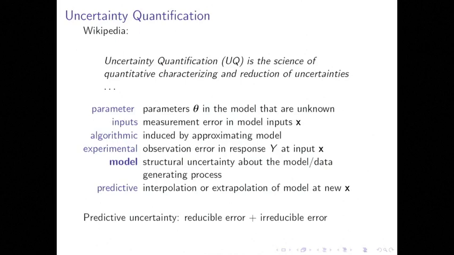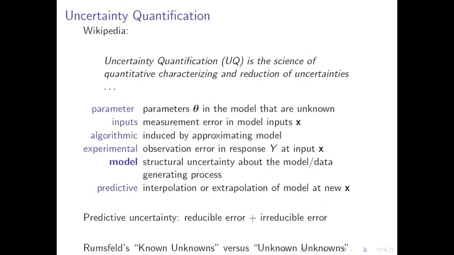Okay. If we think about predictive uncertainty, we can decompose it into parts. There's reducible error, which we can try to reduce through collecting data or refining the models. But then there are the other things that we just cannot control. The irreducible error, like measurement variation, some of that we may not be able to reduce, even with smarter designs.